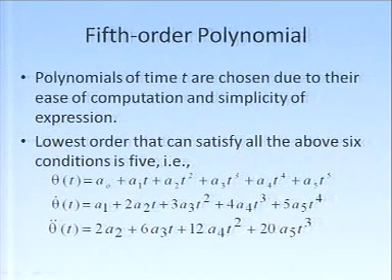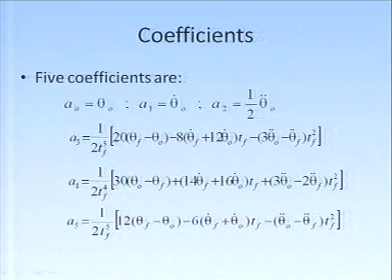So, polynomials of time t are chosen due to their ease of computation and simplicity of expressions. The lowest order that can satisfy all the above 6 conditions is 5, which I have also done on my script and handwritten page, and here are the solutions.